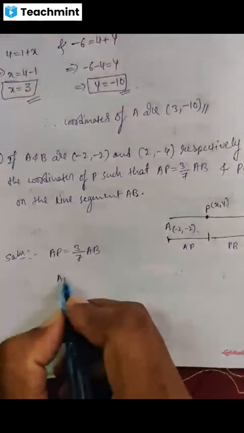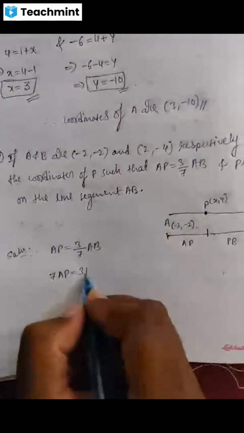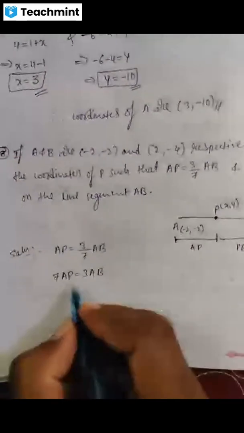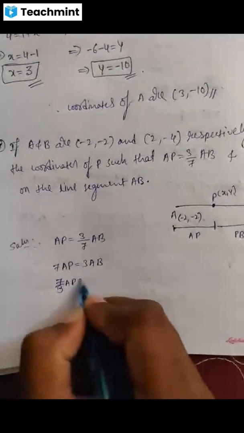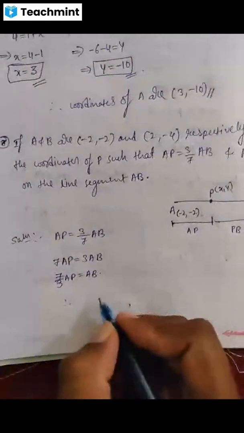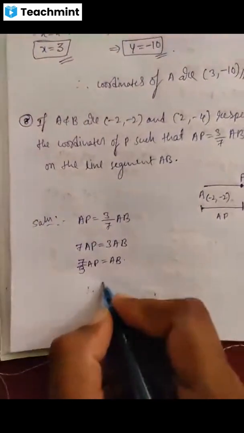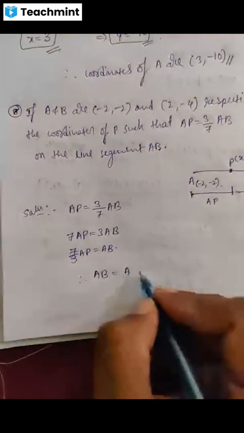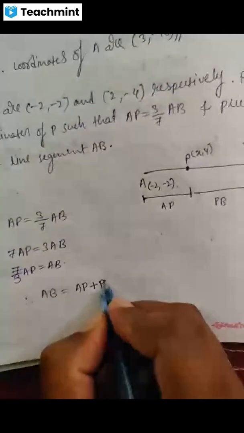So 7 AP is equal to 3 AB, right? So 7/3 AP is equal to AB. Therefore, AB can be written as AP plus PB.